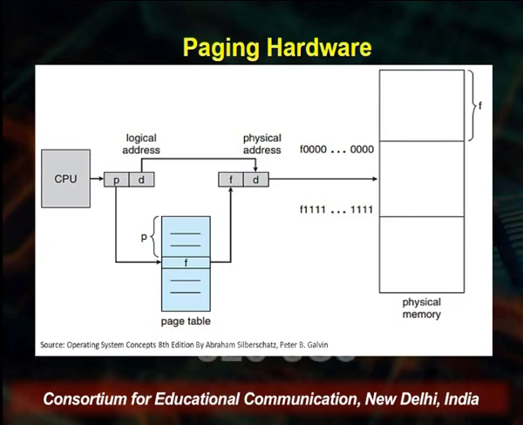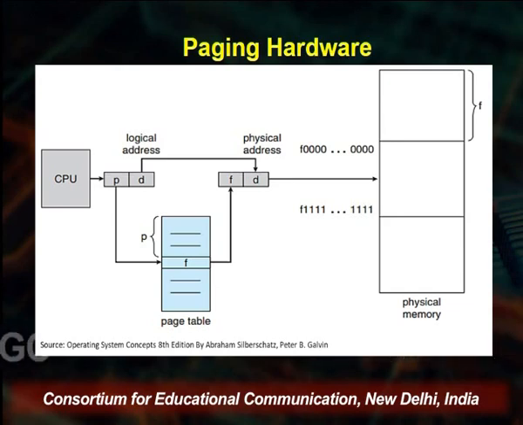Whatever frame address is written in front of that index P in the page table, that frame number is being retrieved, and again it is combined with the offset D, and finally we have a complete frame along with an offset.